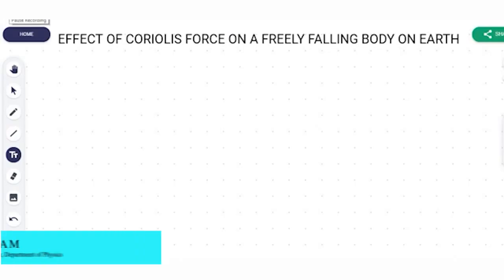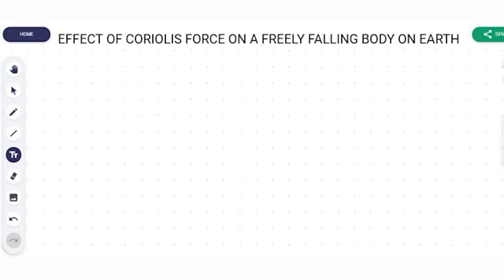We are moving on to the last session of our chapter, frames of reference, and we have discussed the non-inertial frames and the pseudo forces acting in a non-inertial frame, the Coriolis force and the centrifugal force. Now we are going to specifically examine the effect of Coriolis force on the surface of the earth.